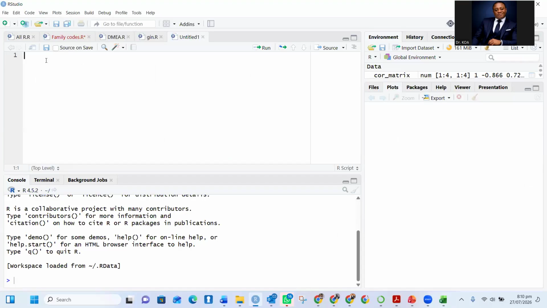Your first command: WM equal to read.delim, in brackets, apostrophe clipboard. Just type that into the command window.